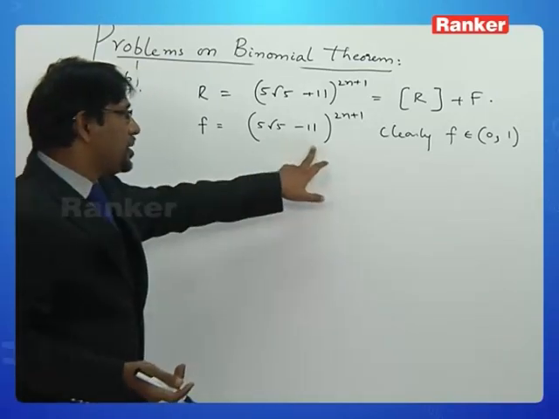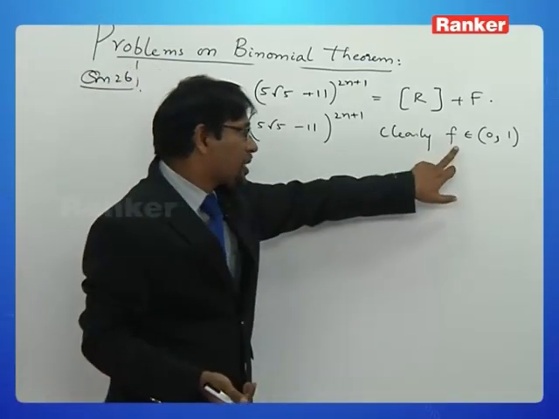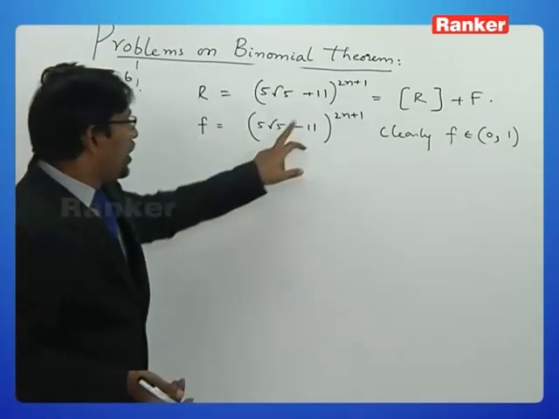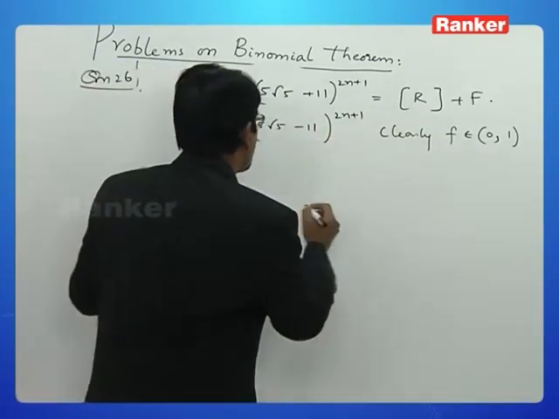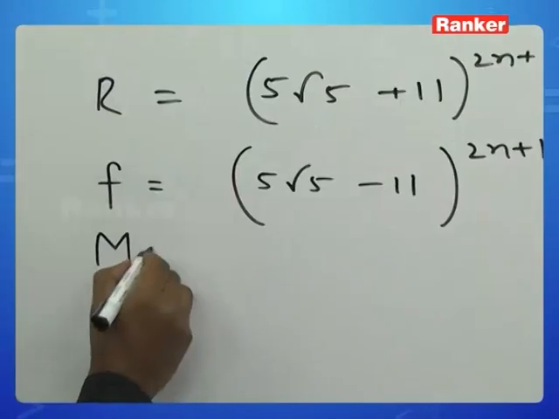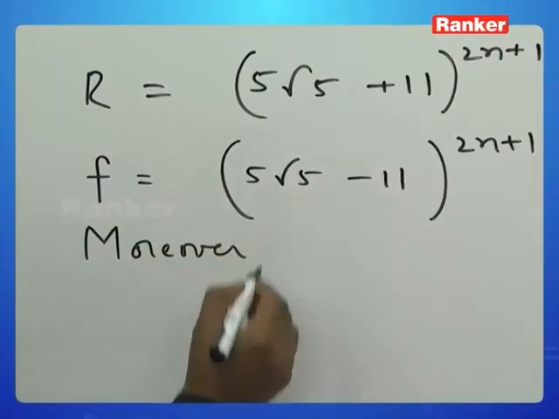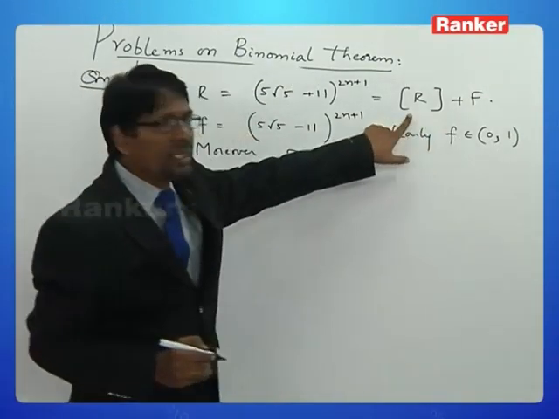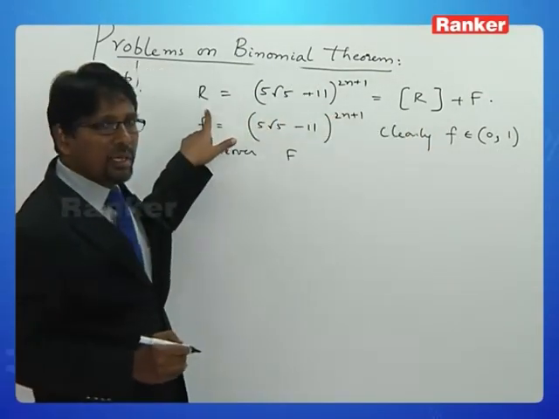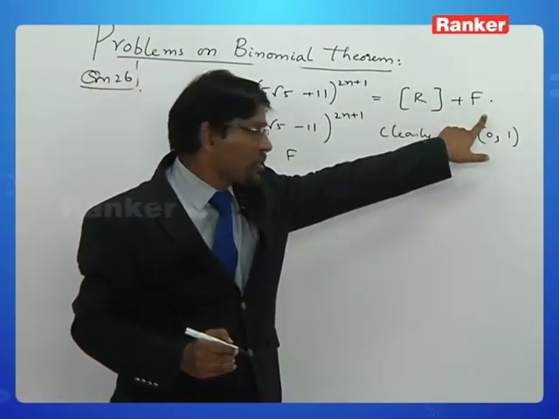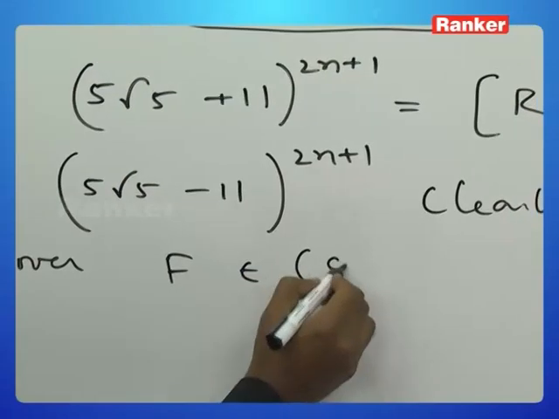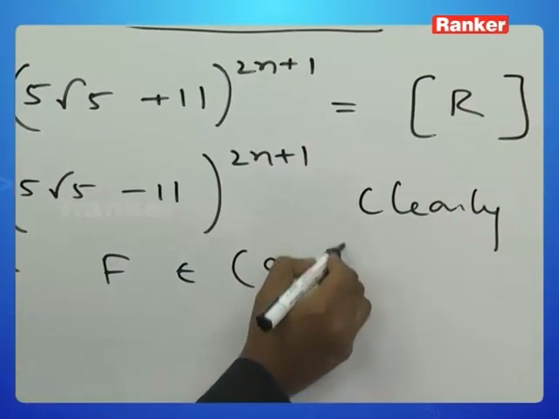This is not an integer, so the fraction has to lie between 0 and 1. Moreover, capital F is also the fraction part, because the bracket is the integer part of this R. So capital F also belongs to 0, 1.